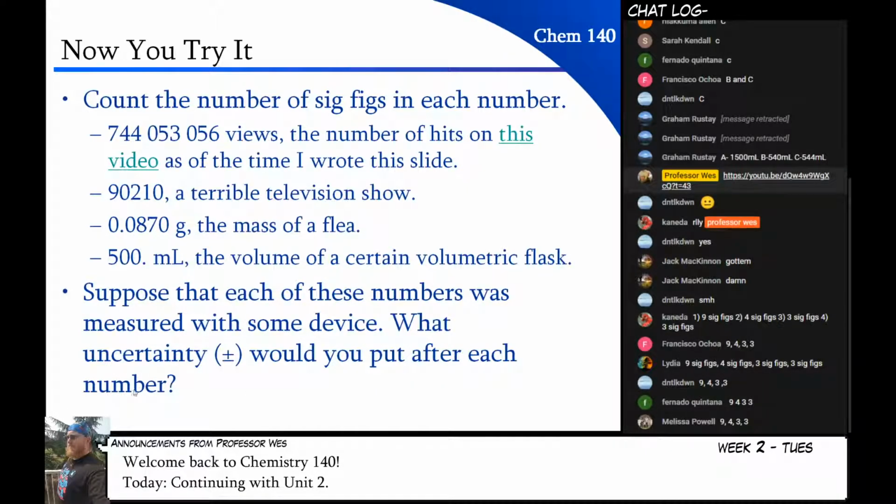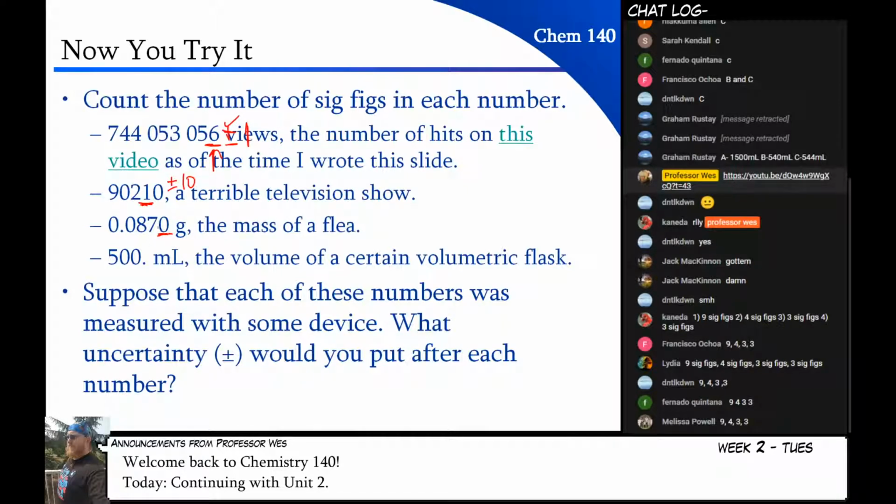Now, the first one is kind of unfair because this is just counted, so this is exact, so we don't really have to worry about it. But if I was considering it as a measured number, I would do plus or minus whatever position was the last sig fig, and so that would be plus or minus 1. Over here, the last sig fig is in the 10th place, so I'd do plus or minus 10, because that's what that measurement tells us.